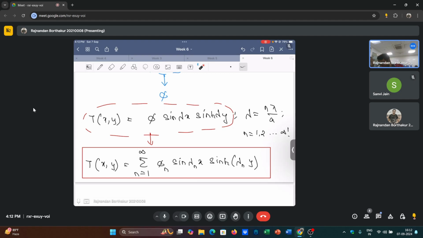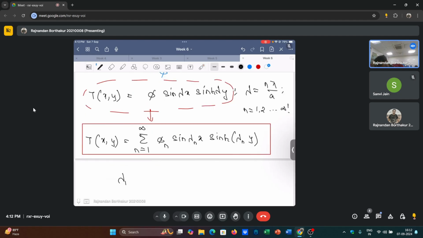And that's why this temperature can now be written as a summation from n equal to 1 to infinity of phi n times sine lambda n x times sine hyperbolic lambda n y, where this lambda n, as I have already said, is equal to n pi by a. And as you have rightly pointed out, this is just superposition.